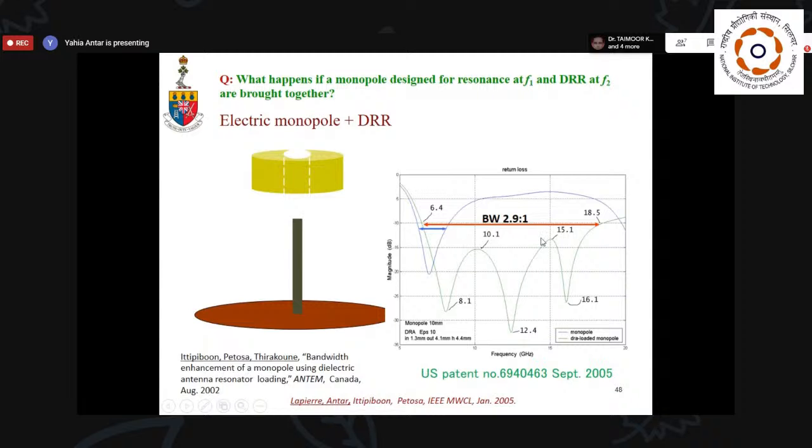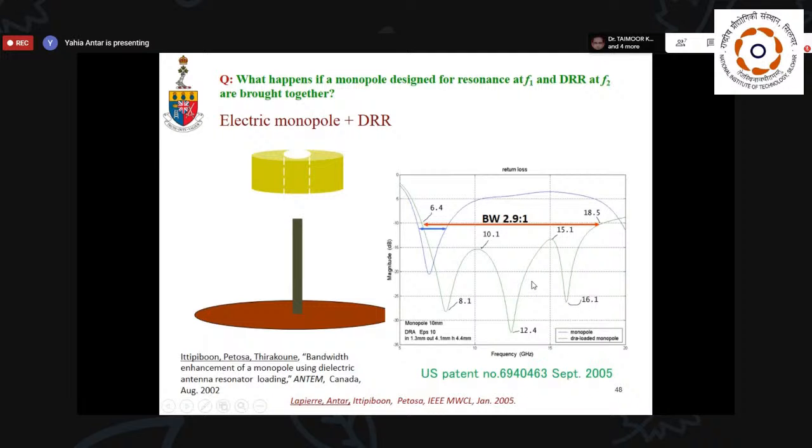And the radiation characteristics are constant. And when we put them together, we actually found that there is a third resonance frequency here that came in. So ideally, if you design the monopole, you will have this here. If you design the resonator by itself, you will have this frequency close to 16.1.